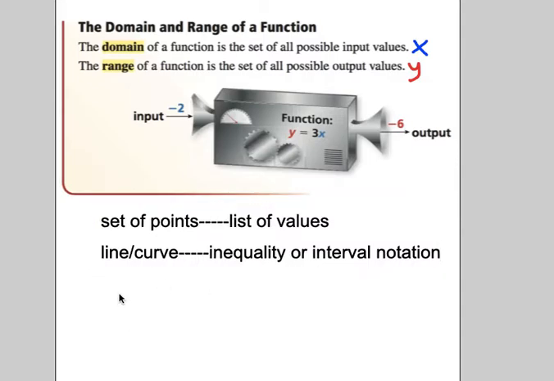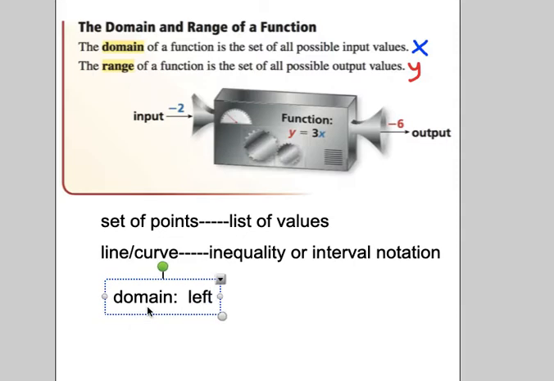Let's see here. The next thing. Since the domain looks at the x's, when we get a graph, this is going to be kind of like your help here. We are always looking at our domain and our range from a standpoint of low to high. So if you are given a line or a curve, domain is on the x-axis.